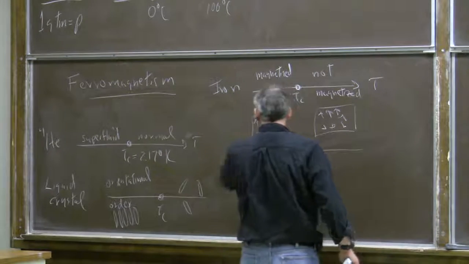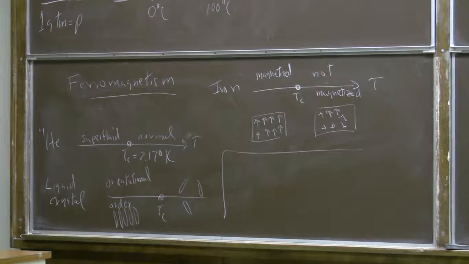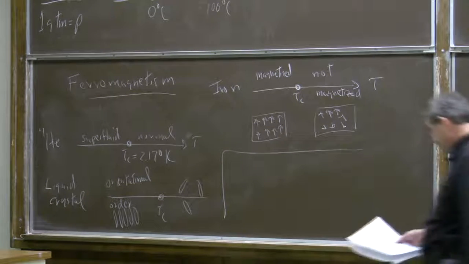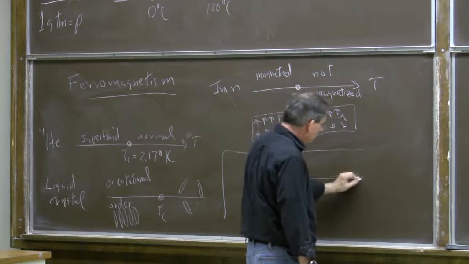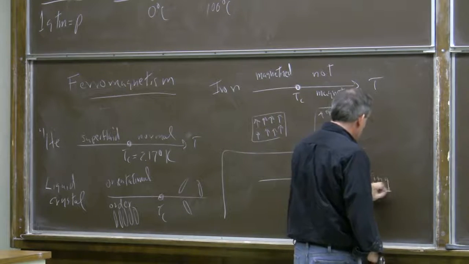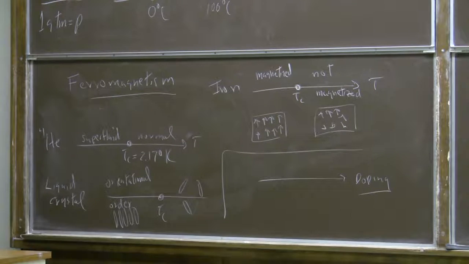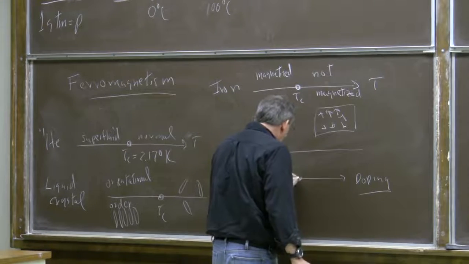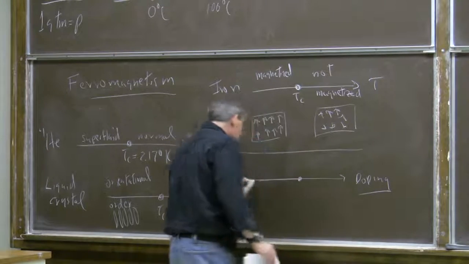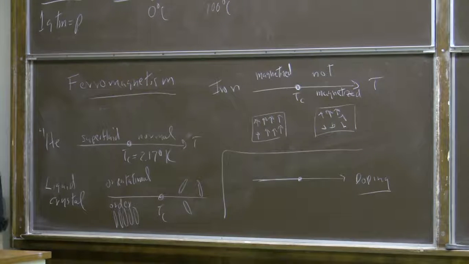Another example is the transition between a conductor and an insulator. In this case, we might consider varying the doping in a material. That is, we introduce some impurities, and the fraction of the atoms which are impurity atoms varies. When the material is sufficiently pure, when the doping is low, it's a metal.